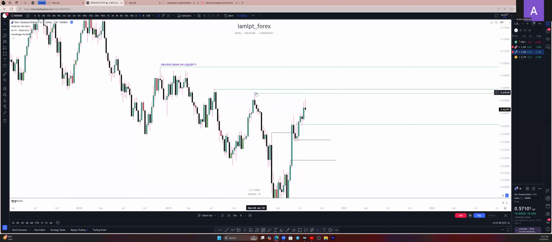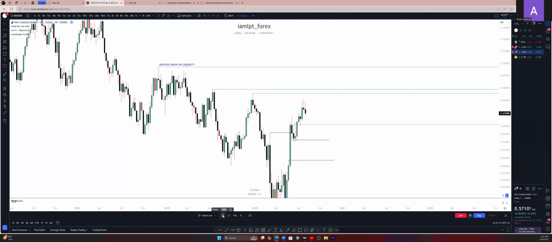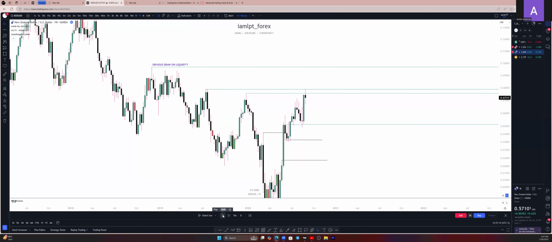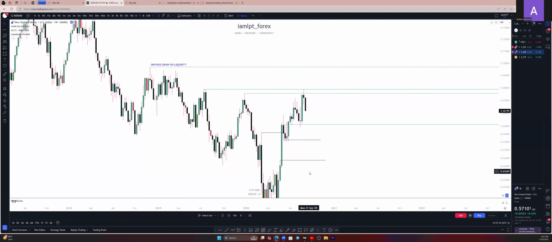We anticipate the expansion to take this particular high. And you see that? So immediately we are expanded above this particular level of liquidity, right?